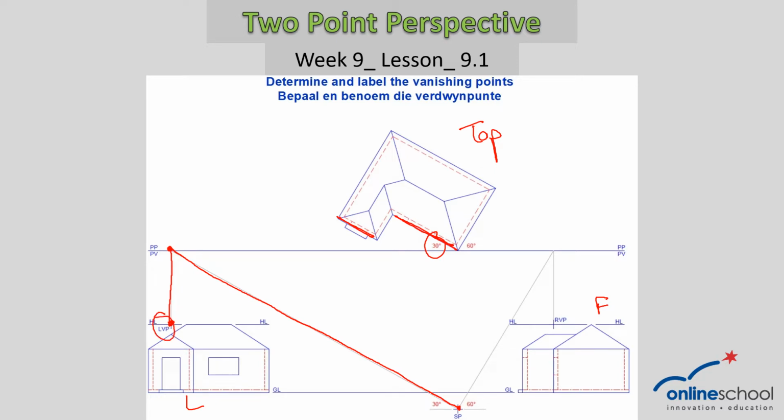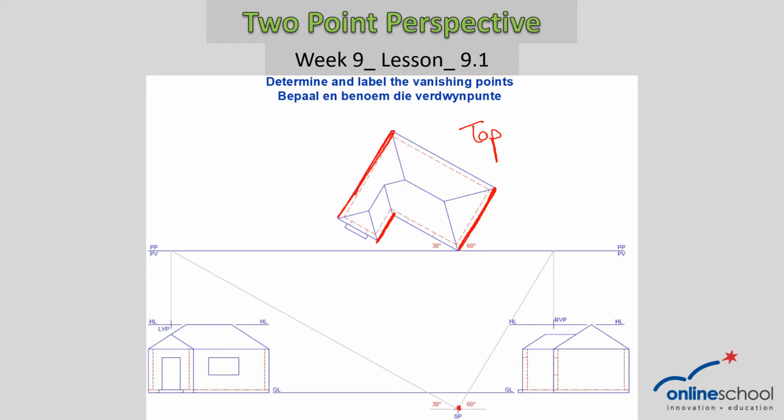And then what we will be looking for on going to the right will obviously be your right vanishing point that you need to determine. For that we are going to take our 60-degree set square. You just flip your 30-degree set square so that you see the 60-degree angle, which is representing this edge of the wall and that edge of the wall, as well as over here.